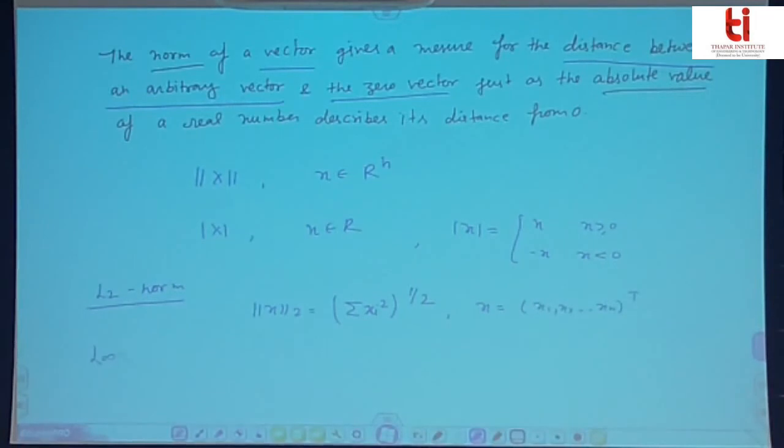And the L infinity norm is defined as norm of x infinity equal to the maximum of mod of xi, i lying between 1 and n. So the L infinity norm is the maximum value among the components x1 to xn, and the L2 norm is the summation of xi square to the power 1 by 2.